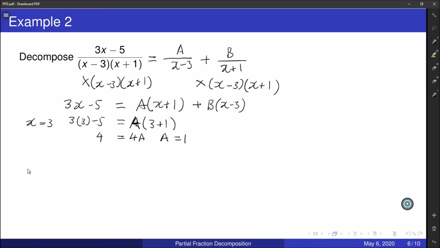So in this case, x has to be negative 1. So 3 times negative 1 minus 5 equals, a gets eliminated, so we only have to worry about b.